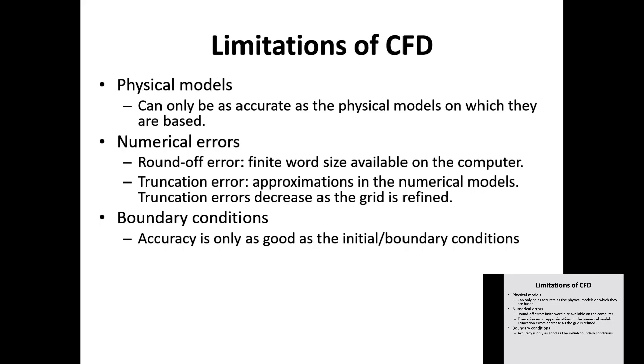And we are looking at numbers. So there can be errors. Errors are round-off errors and truncation errors. Round-off errors means your computer will store a number in CFD basically.